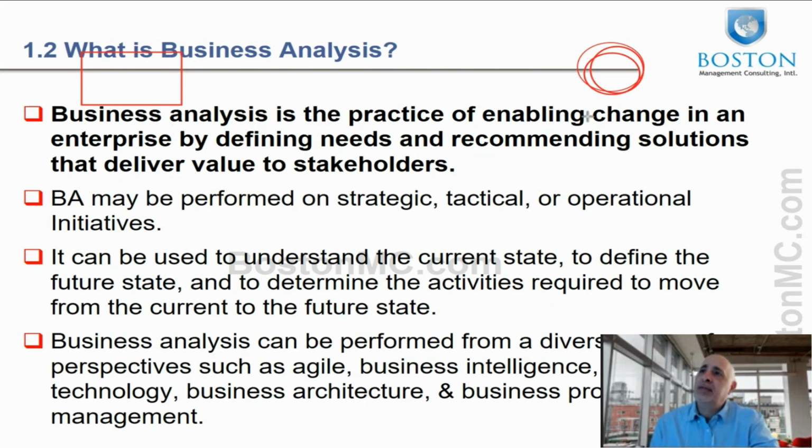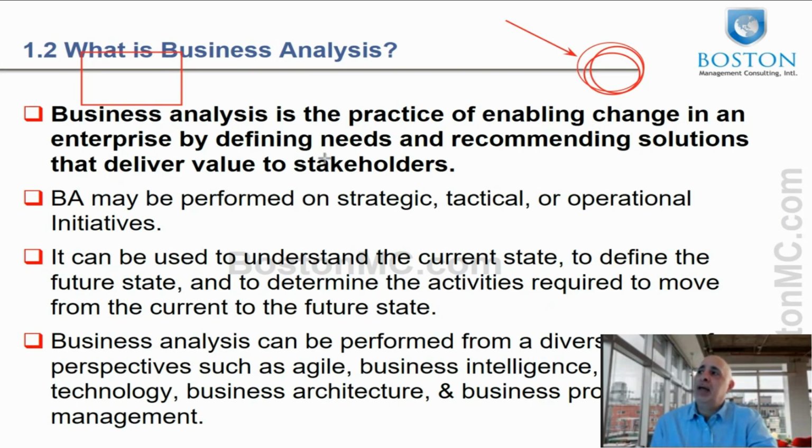So if I go to this explanation, business analysis is a process of enabling the change, and the change would be what needs to happen from here, what you need to change to your current state, in an enterprise. So the current state of an enterprise here, by defining the needs is what the organization is aiming for at the end. The organization is hoping, and they have a need maybe to track certain products or assets, and they would like to have that.